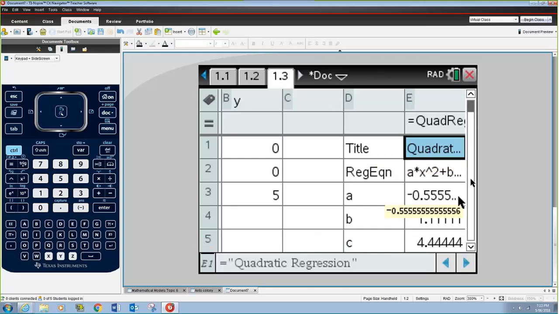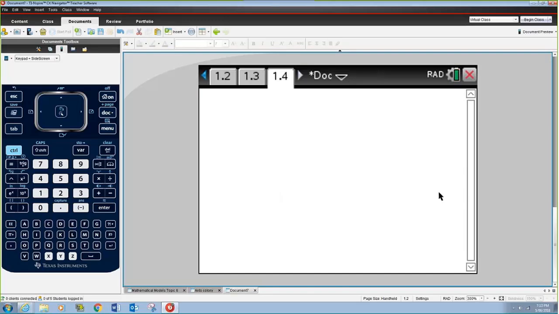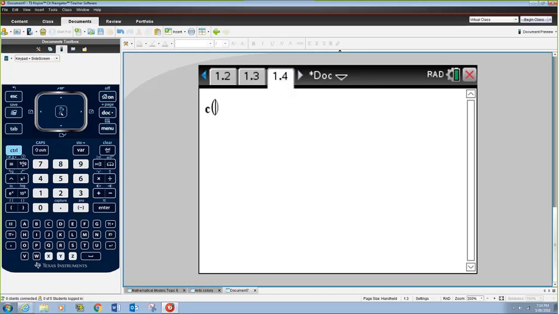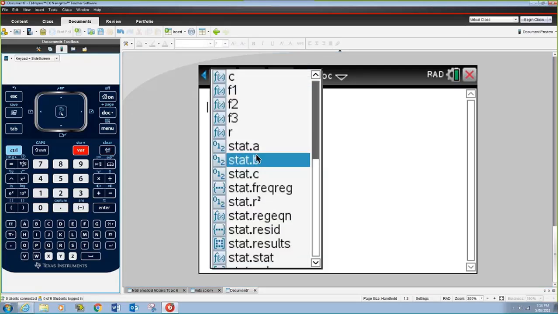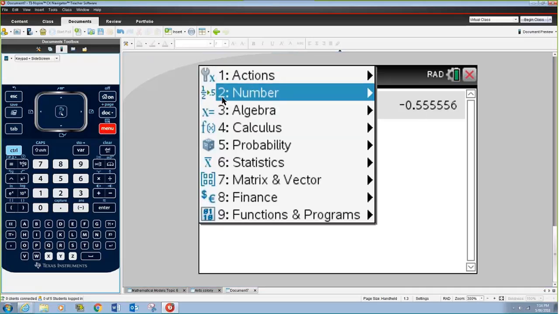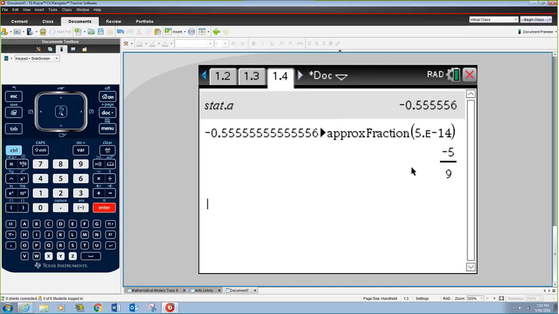But it's not a problem, because if we go to the calculator screen, we can retrieve those coefficients. So let's say if I go to variables, I've got statistics A, and if I enter here, it gives me a decimal. But if I go to number, approximate to fraction, it will change to a fraction.